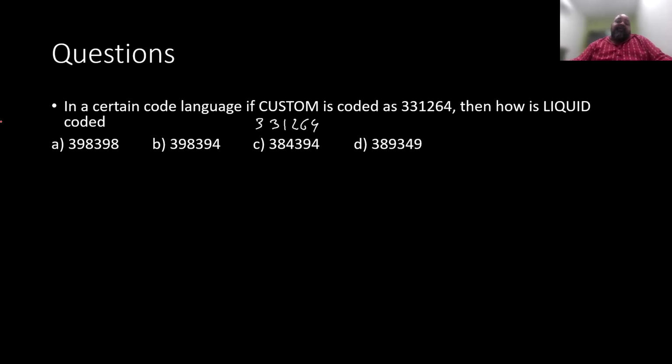So C, I know the number value C is 3. That of U is 21, not 12. Oh, sorry, I wrote the value of L. M, N, O, P, Q, R, S, T, U. S is 19.